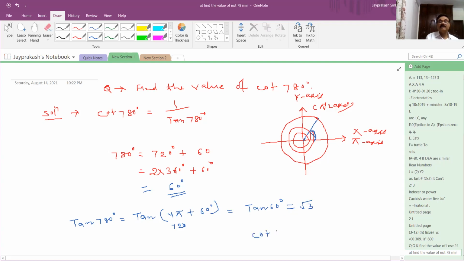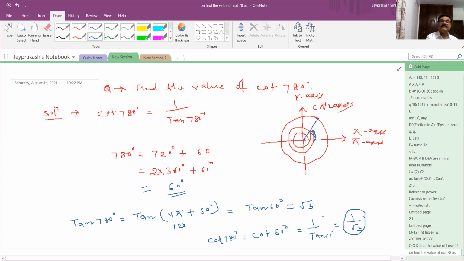Then cot 780 degree is equal to the value of cot 60 degree, and that is equal to 1 upon tan 60 degree, which is equal to 1 upon root 3.